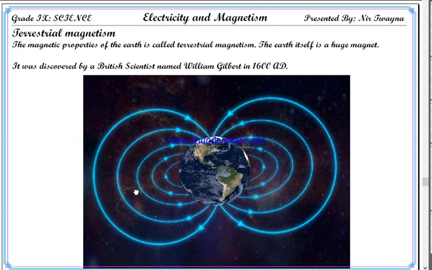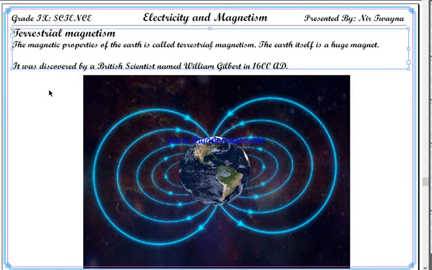Well, terrestrial stands for the land, and in this case terrestrial denotes the earth. Yes, the earth itself is also a huge magnet, and the magnetism of the earth is known as terrestrial magnetism.